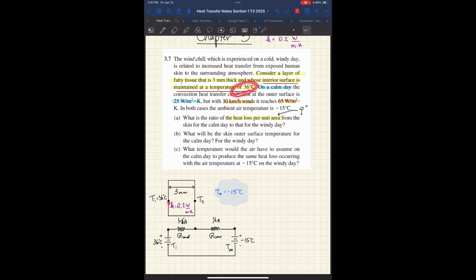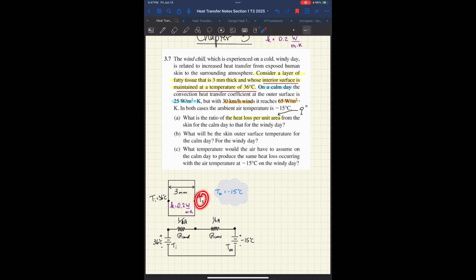The heat transfer from that part to the surface of the skin will be through solid material, the fatty tissue and skin, and that will be by conduction. So we have here thermal resistance due to conduction from this point to this point.